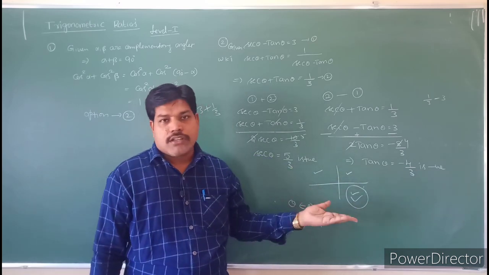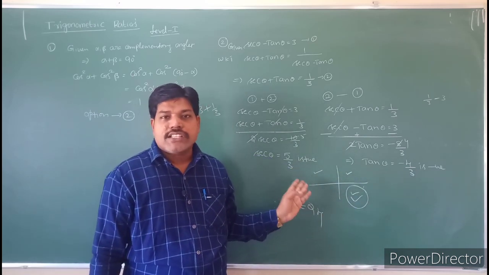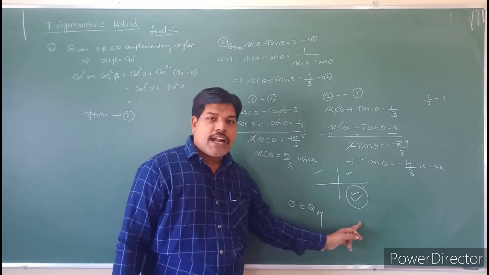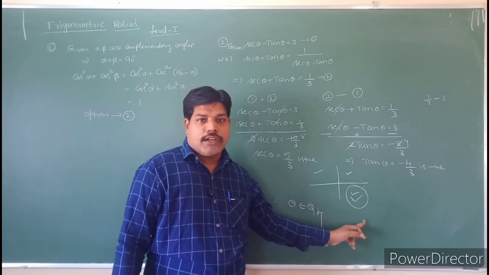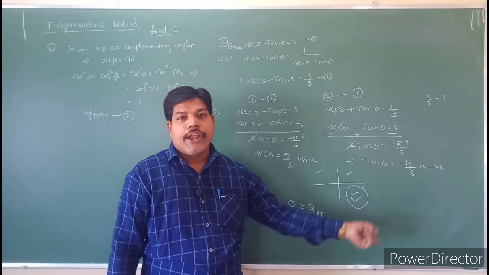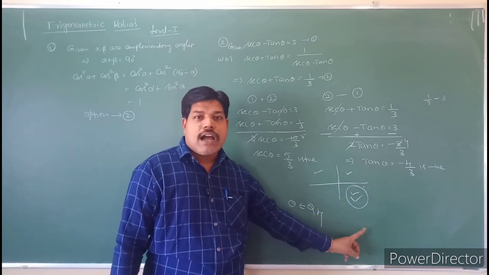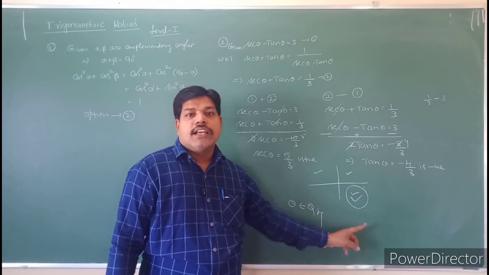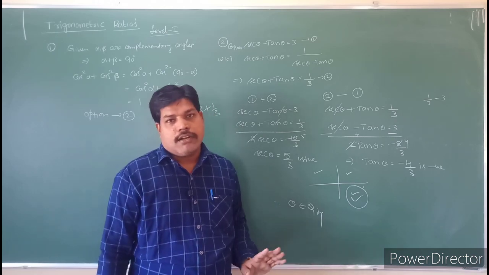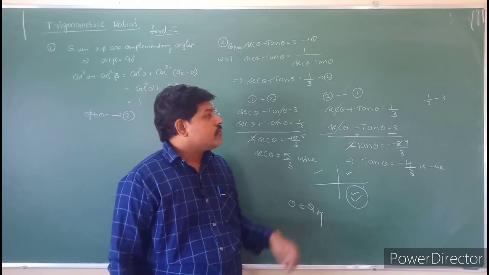Secant is the reciprocal of cos, so cos is positive. Cos is positive in the first quadrant and fourth quadrant. Tan is negative in the second and fourth. So what is the common? The common is the fourth quadrant. So theta belongs to the fourth quadrant. All understood, students?